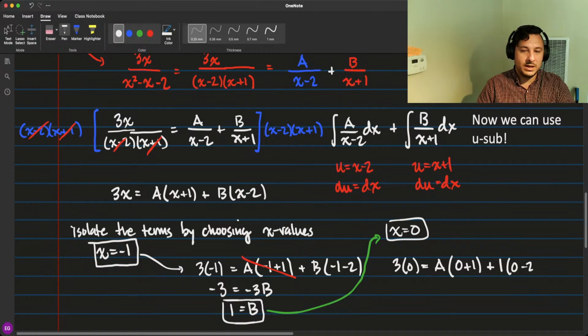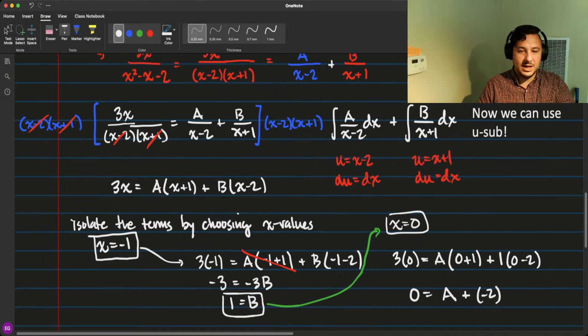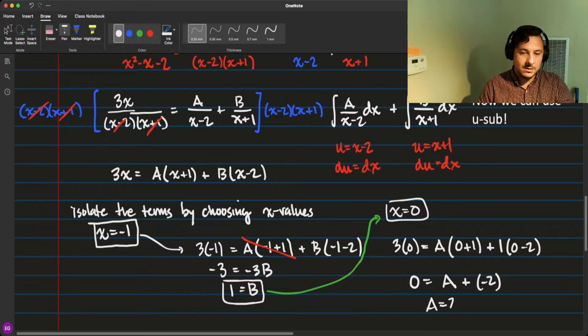And then 0 minus 2, which means you get 0 equals a plus negative 2. So what is a equal to? 2.